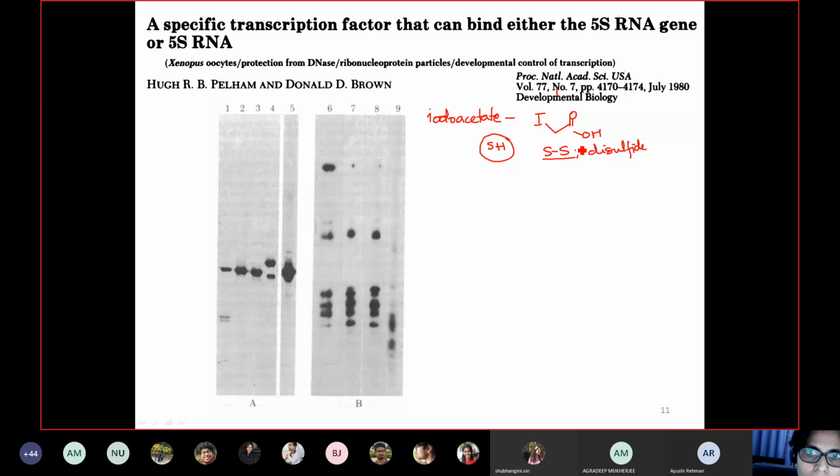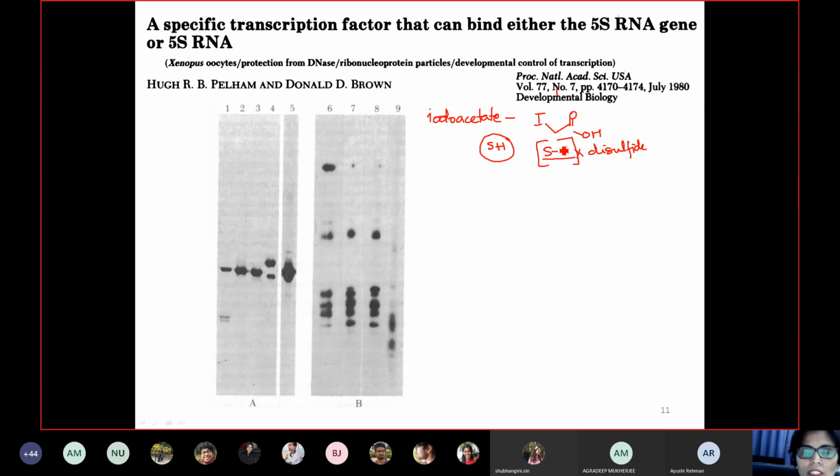So this doesn't allow reformation, because many other reducing agents, you might know, are involved when you run an SDS gel. Even after that, some oxidizing agent can reoxidize this molecule, and because of that, you have a different running pattern.